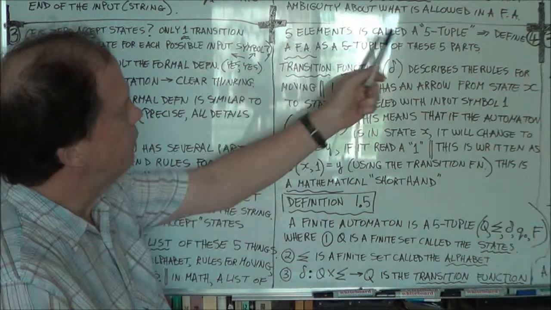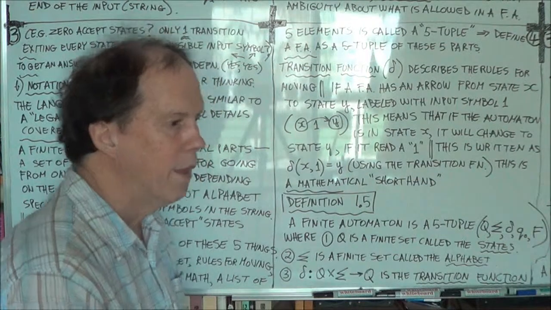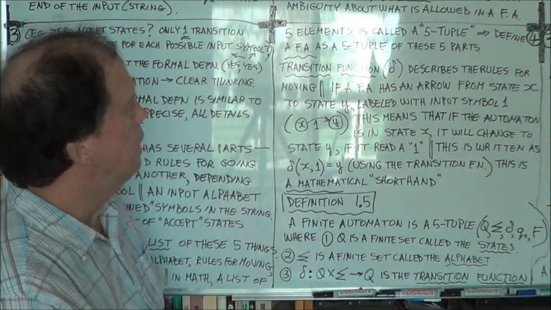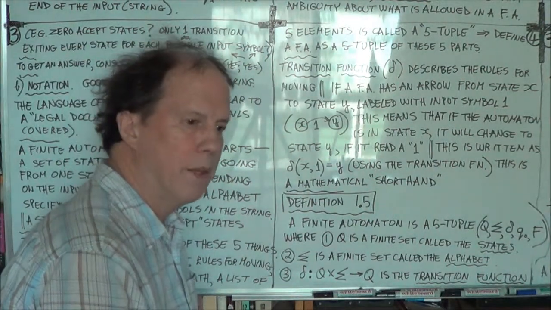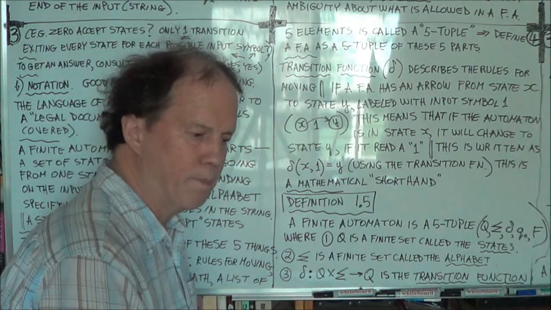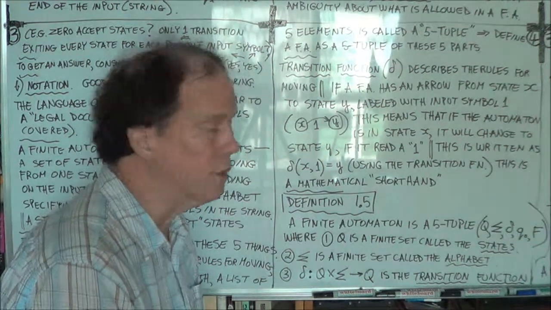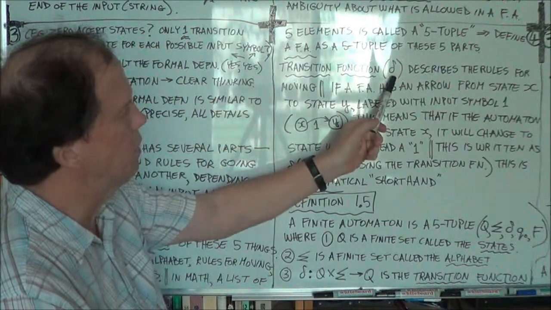So our formal definition will be in the form of a 5-tuple, the 5 things I just mentioned. Now, the state transition table gets described more precisely in mathematical terms using something called a transition function, written here as delta.